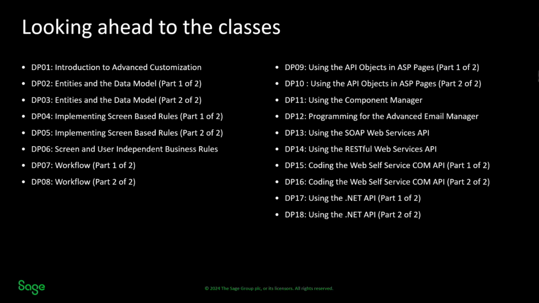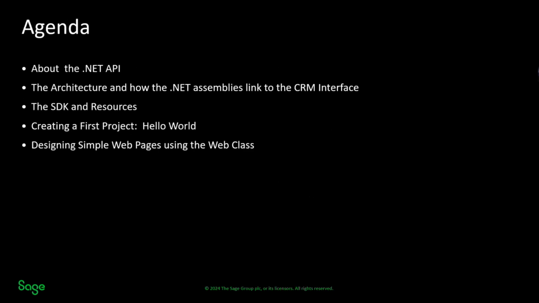We are covering now really how to get going with the .NET API. So we'll be looking in today's session at what the API is, how it fits into the architecture of Sage CRM, how it fits in alongside the other APIs, and whether it's a replacement or what its weaknesses and strengths are.